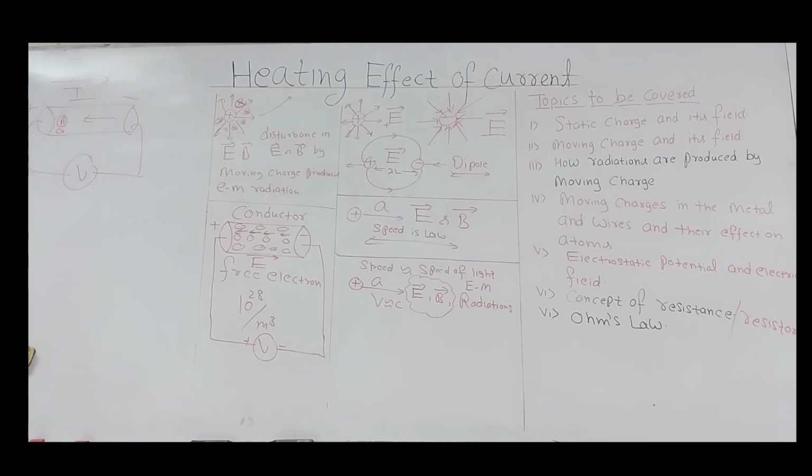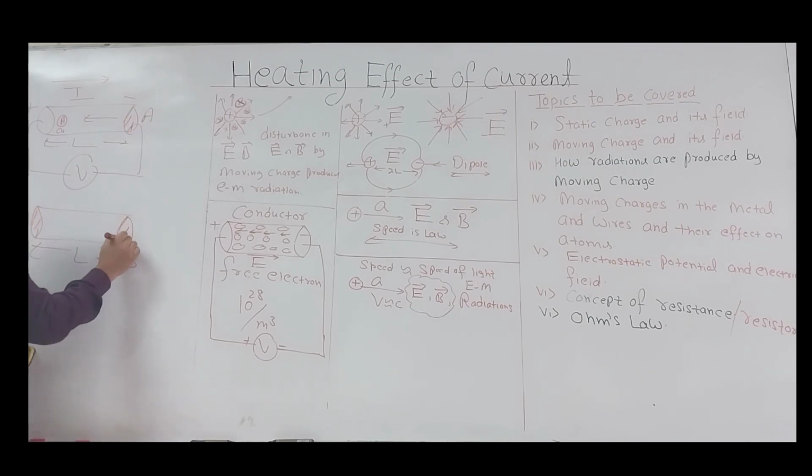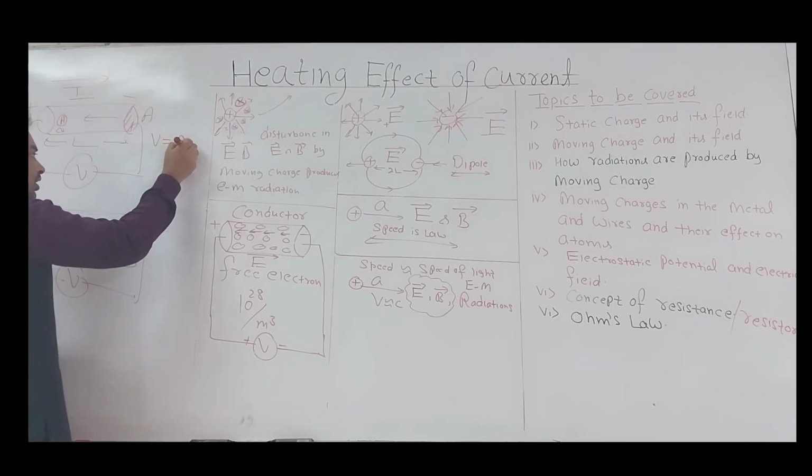If I choose a different material, with length L and cross-sectional area A, the same length L and the same cross-sectional area A, suppose this is silver, and I apply the same potential V. Under the same volume, the volume is A into L, so the same volume is area into length.